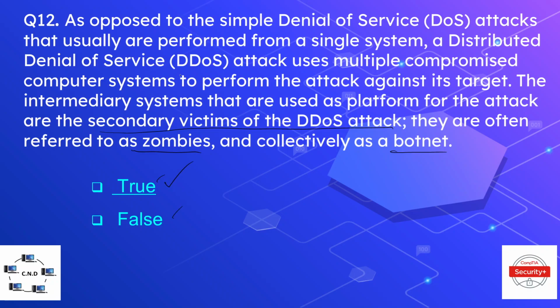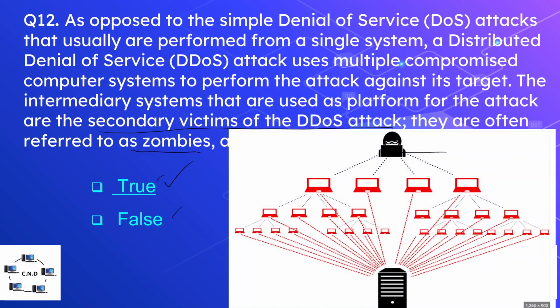This whole statement is actually the definition of DDoS attacks. And as stated, the DDoS attack is carried out by the attacker using multiple compromised systems that are called zombies. And collectively, this whole network is called a botnet.